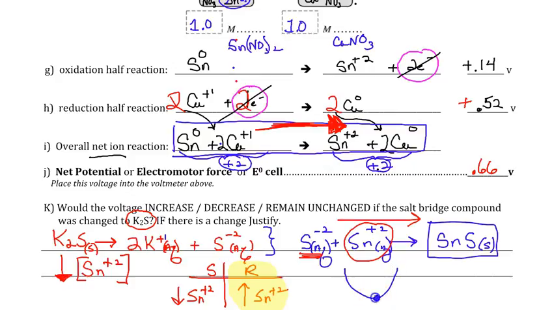Here's my equilibrium. Sn+2 is a product, and if I lower the concentration of Sn+2, remember this is 100% Sn+2. I'm going to start here because I am currently spontaneous, because I do have positive volts, so I am moving down in this direction to the right now.